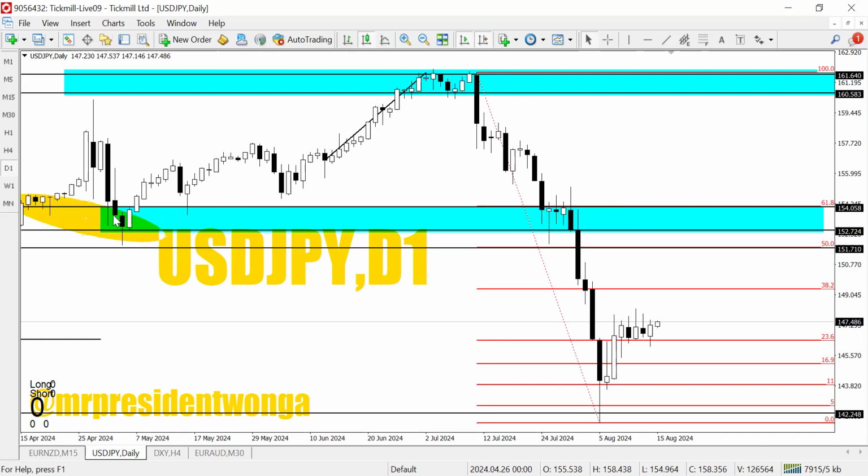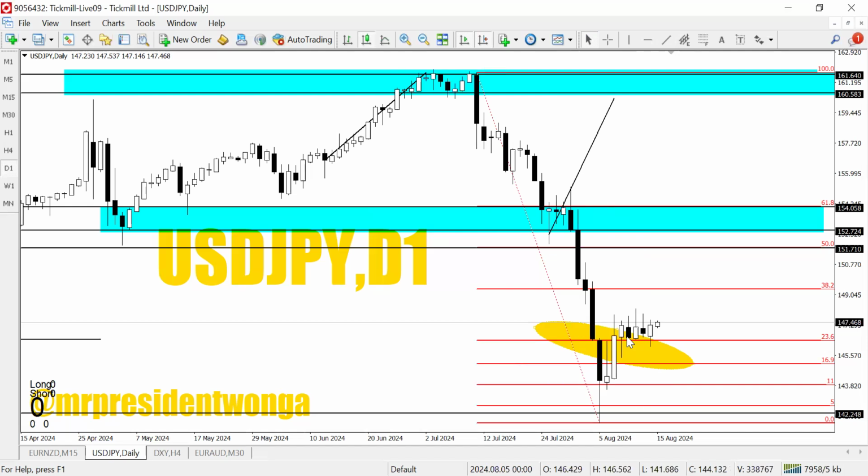If you look left, you can see this was previously, we can call it a demand, we can call it support, but this level, the price broke above this level. And you can see when people saw this, they were like, you know what? This market is not gonna go further, it's gonna go up, but it just went straight down. So this is a drop and then a base and then a drop.